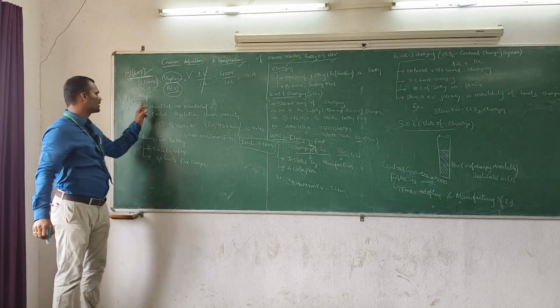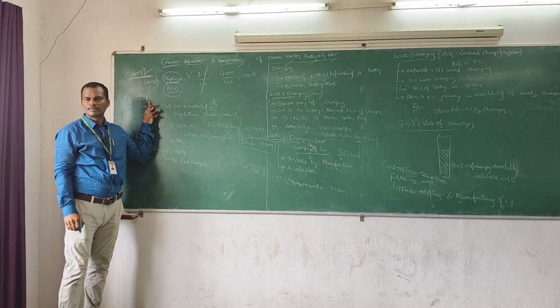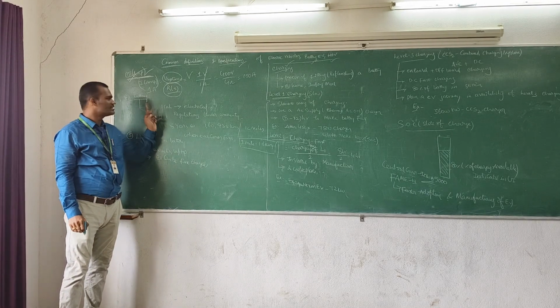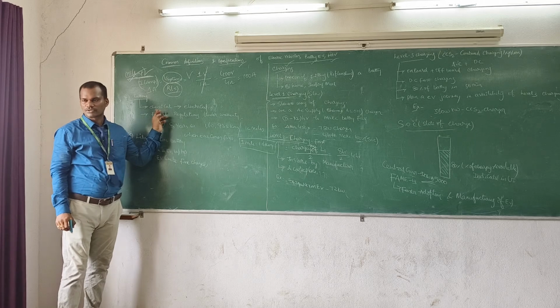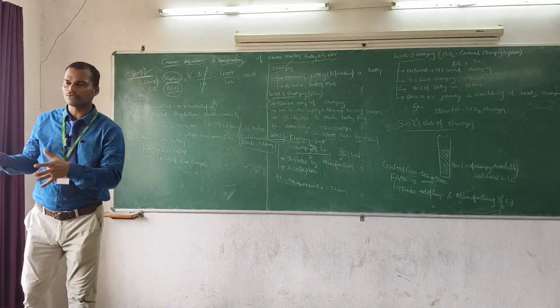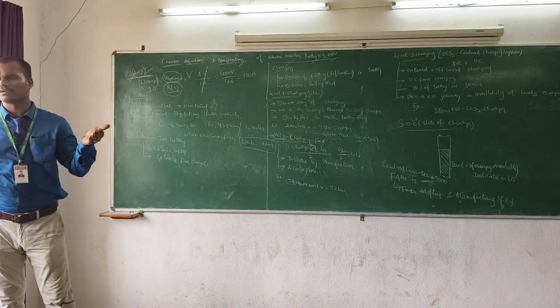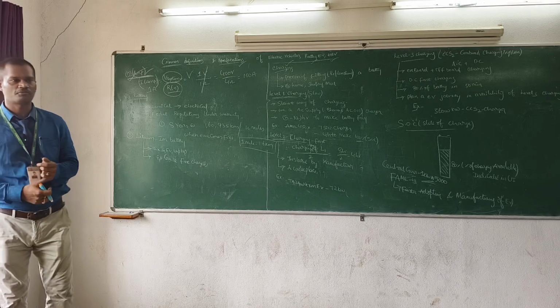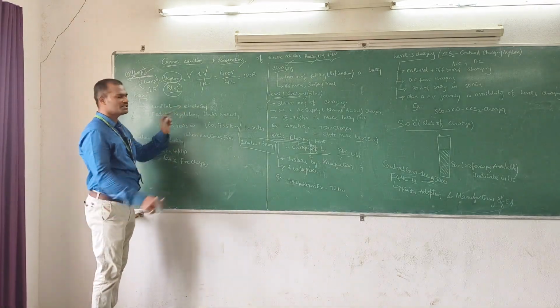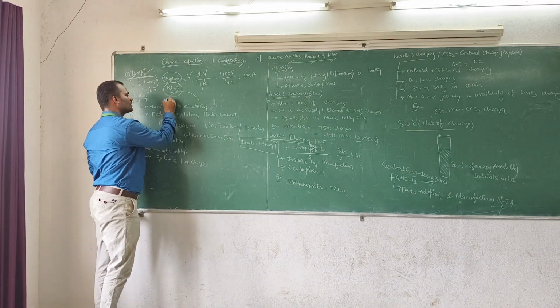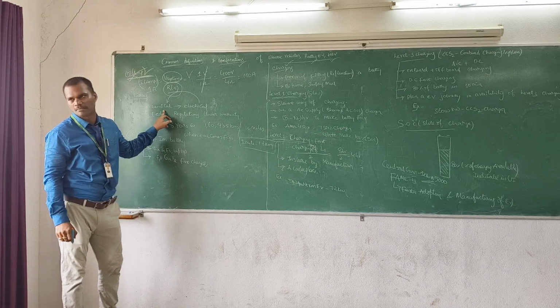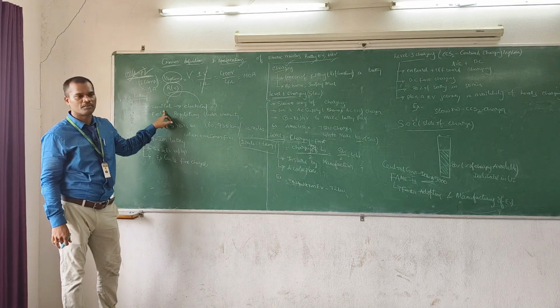Coming to the next one, what is meant by battery? A battery is nothing but a chemical storage. For example, how do you charge your mobile phone? First we use electrical energy, and by using electrical energy we store it in a battery. In which form will it store the energy? Chemical form.